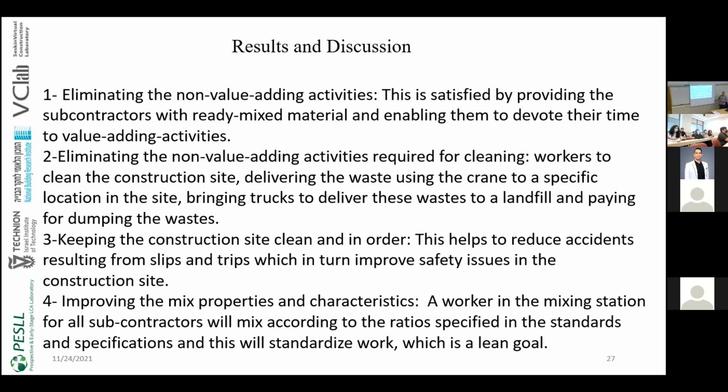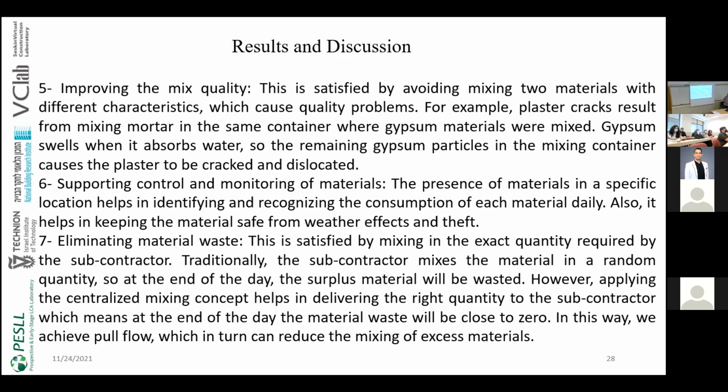Improving the mix properties and characteristics. A worker in the mix station mixes for all the subcontractors according to the specific ratios specified in the codes, and this will standardize the work, which is a lean goal. Improving the mixing quality is also satisfied by avoiding mixing different materials with different characteristics in the same container.